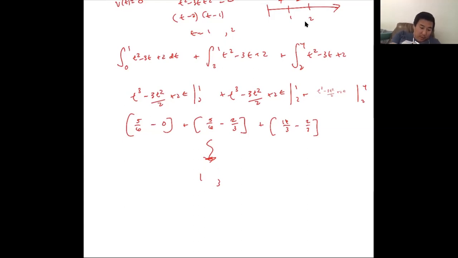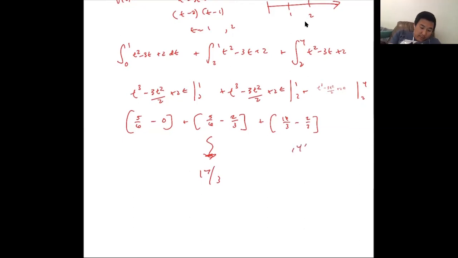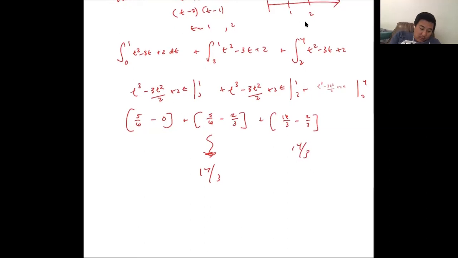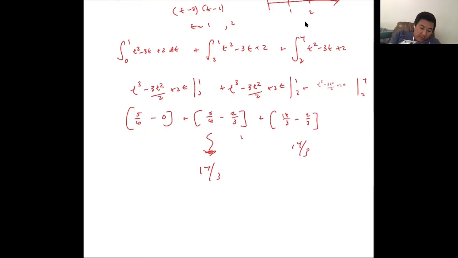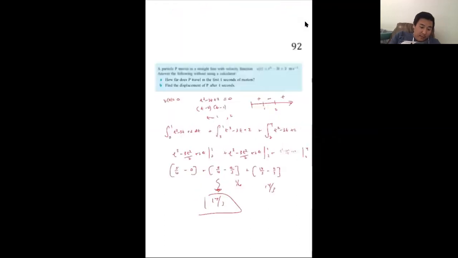Sorry, 17 over 3. Because this is 14 over 3. It is 1 over 6, which is 6 over 6. Just 1, 2, 3. That's the total distance traveled.